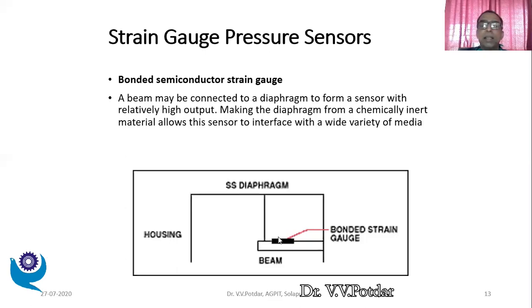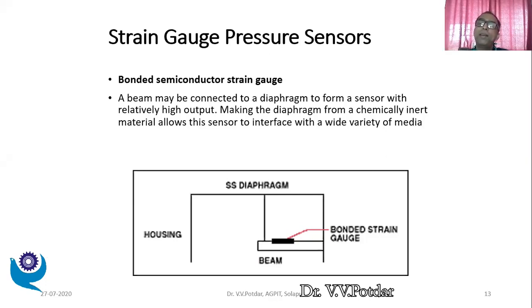And yes, this strain gauge is the electrical bonded type strain gauge. It will be connected to one of the arms of the Wheatstone bridge, isn't it? Because of length change, the resistance of the strain gauge wire changes. As the resistance changes, the Wheatstone bridge to which this strain gauge is connected becomes unbalanced, and because of that, you have got some output voltage.